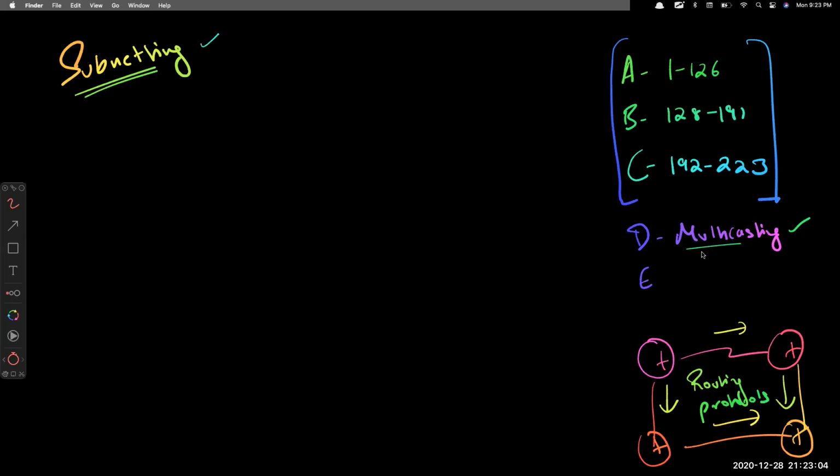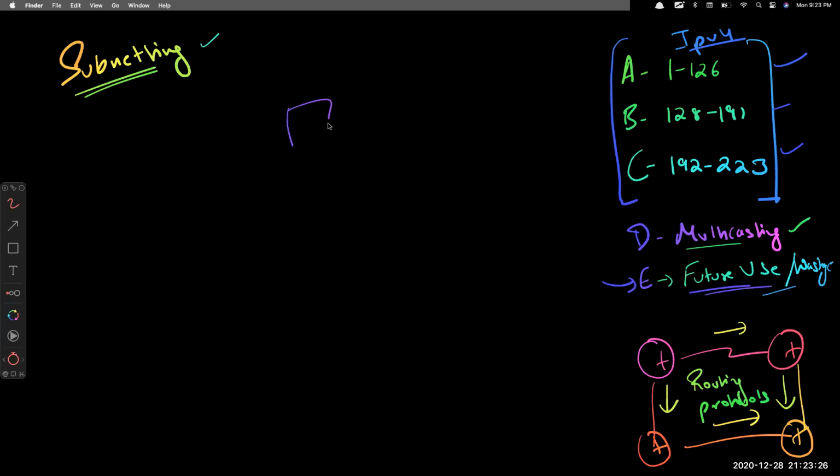Multicasting is like reserved IPs, and E is also known as future use, but it is now a wastage. Why am I saying wastage? Because they thought that once we have a shortage of IP addresses in A, B, C, we would use class E in future.